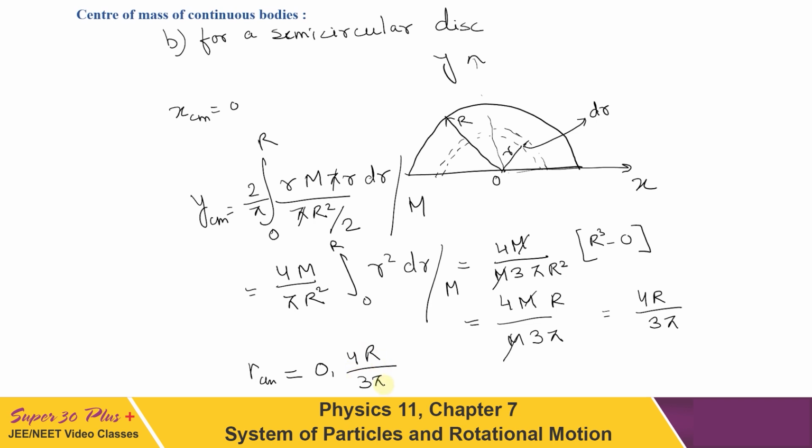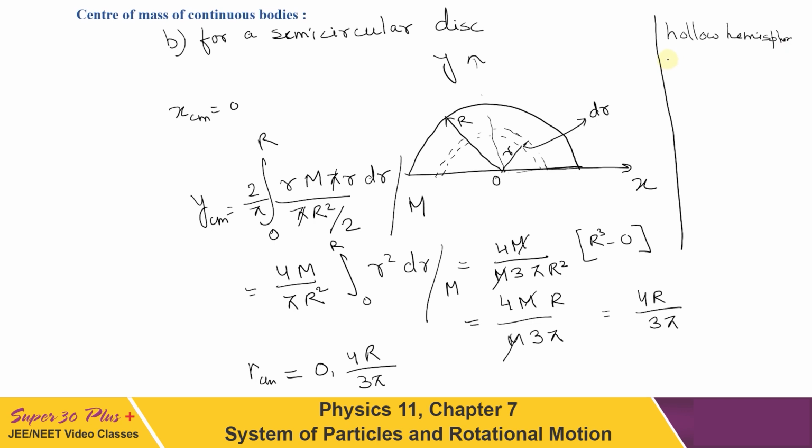Now you have to memorize the result for some regular shapes. I am here writing the shapes, and you will just memorize all the center of mass, because this will be needed frequently while solving questions. Already we have derived for semicircular ring and semicircular disk. Now you have to memorize for a hollow semicircular shell, that can be written as hollow hemisphere.